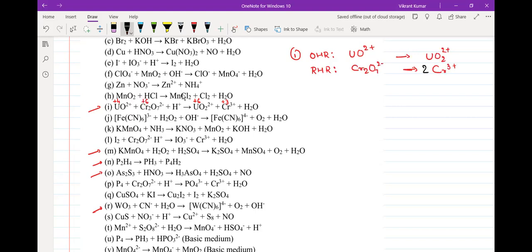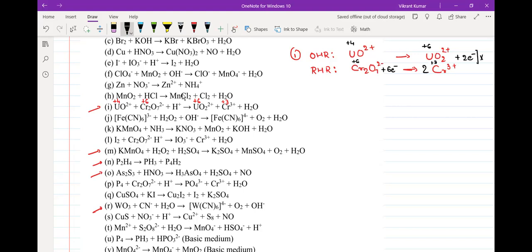Then we'll be putting the electrons by calculating the total change in oxidation state. U was in +4, it is going to +6, and that means 2 ka change per U, and there is just 1 U. That's why total change is of 2 electrons. In this case, +6 to +3, 3 ka change per chromium, but we have 2 chromium, and that's why total change will be of 6.